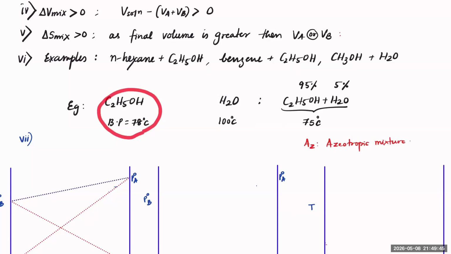Ethanol is supposed to be 78 degrees. But if you mix in this composition, 95 to 5%, you can see the boiling point is only 75 degrees. It has actually decreased. That's what you will notice: when two liquids give a positive deviation, the solution becomes more volatile and easy to boil. So at a lower temperature it will boil.